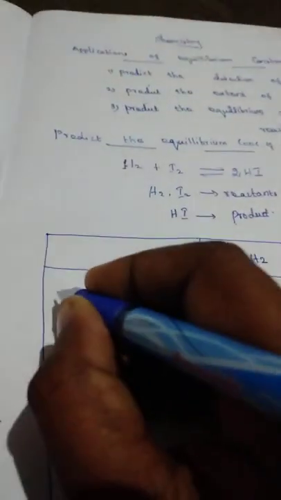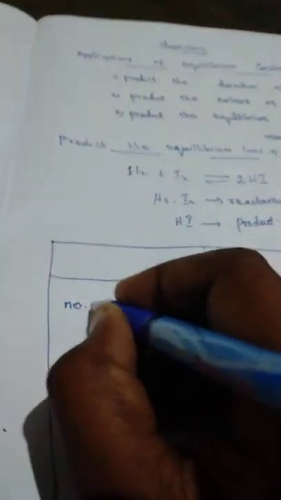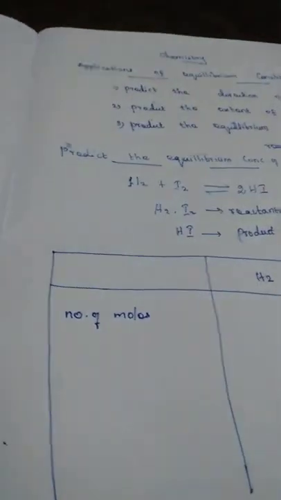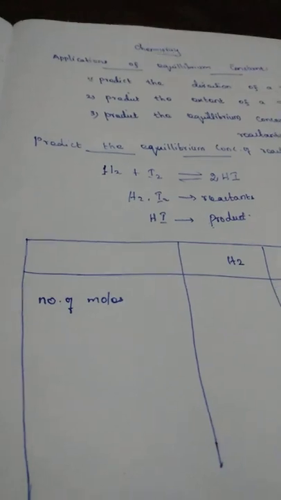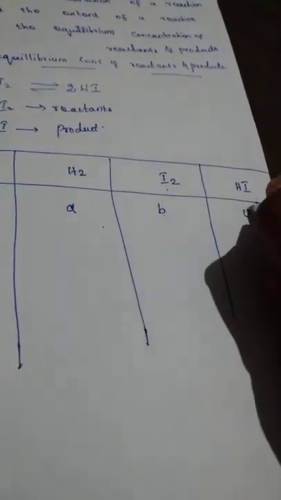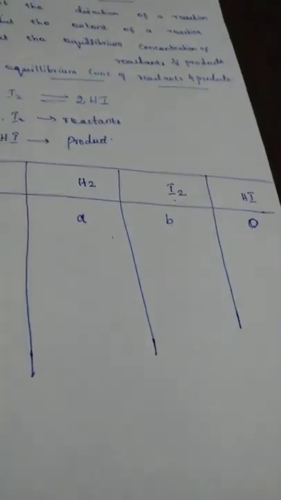First step, consider the initial number of moles. Hydrogen and iodine have initial numbers of moles A and B. These two are the reactants. But hydrogen iodide is the product, so initially you won't have this product.